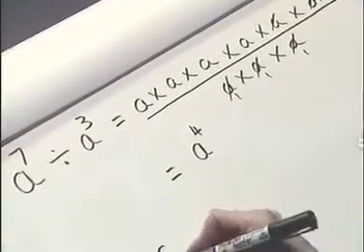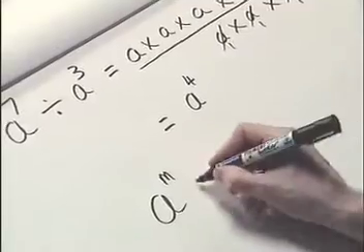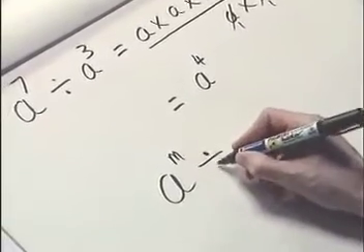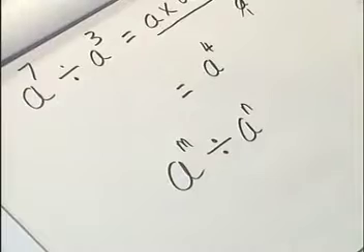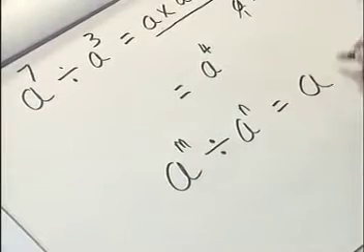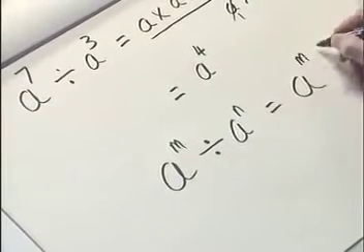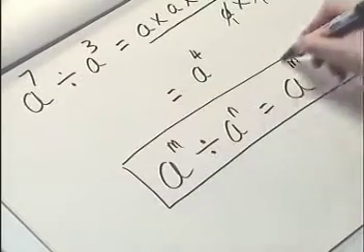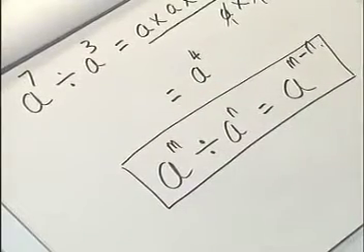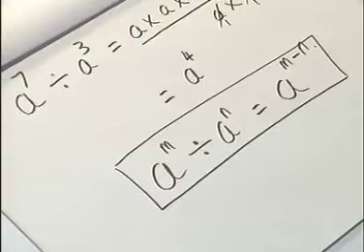And so that gives us our third rule, that if we have a to the power m divided by a to the power n, we get the result a to the power m minus n. And so there's our third rule.